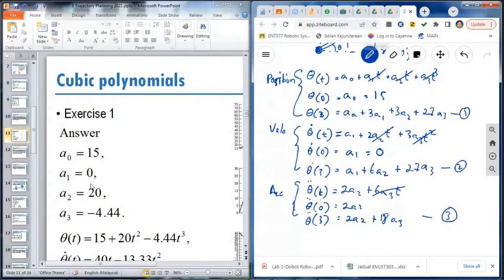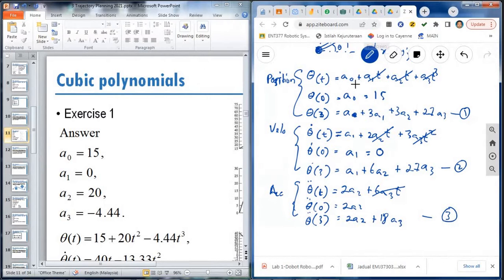To get A2, which equation is easier to find? To find A2, you need to solve between A0, A1, A2, A3.